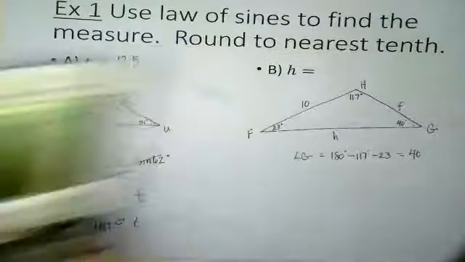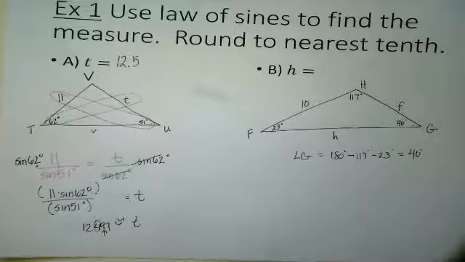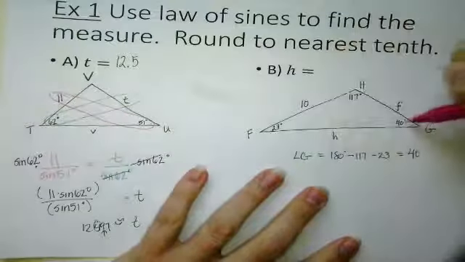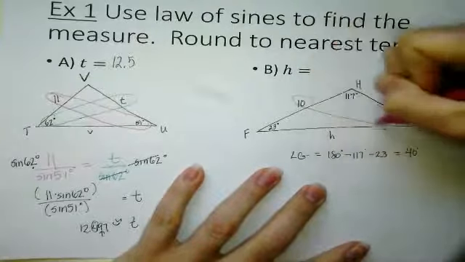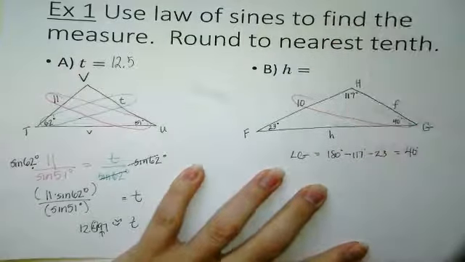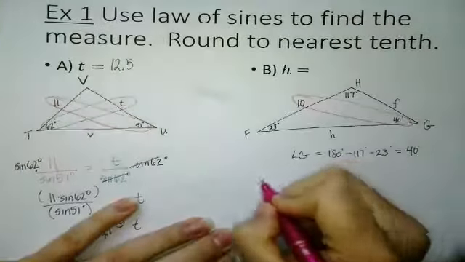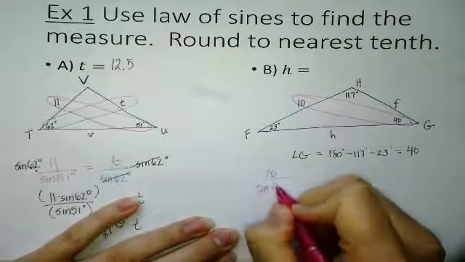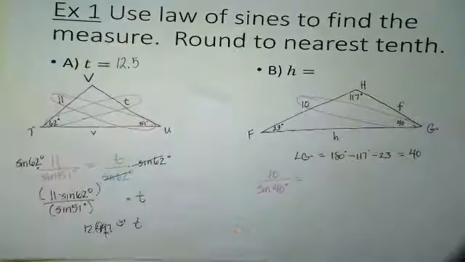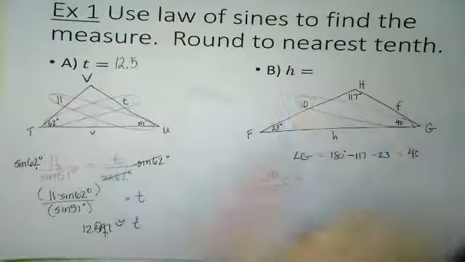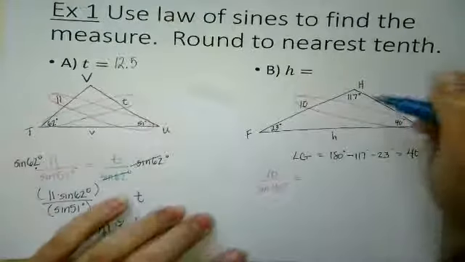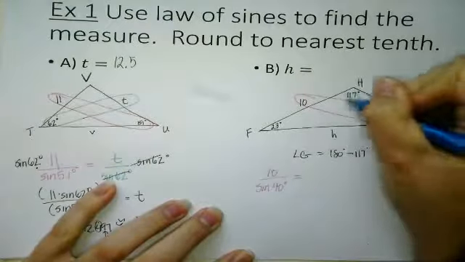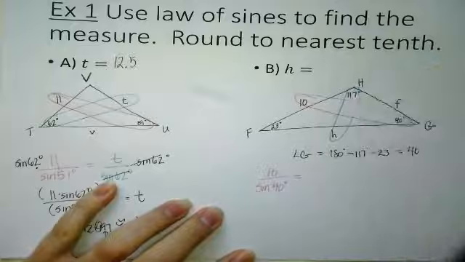It might be necessary to figure out another angle first so that we have a side with an angle. I'm looking for those pairs to start off. I need two solid pieces of information. So our side of 10 is proportional to the sine of our 40-degree angle, which is going to be proportional to, we're trying to find H. So I want to use my side H here, and that's opposite the 117-degree angle.